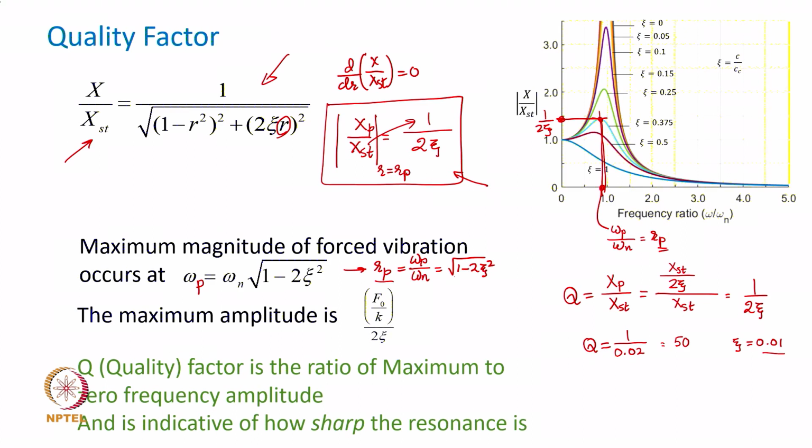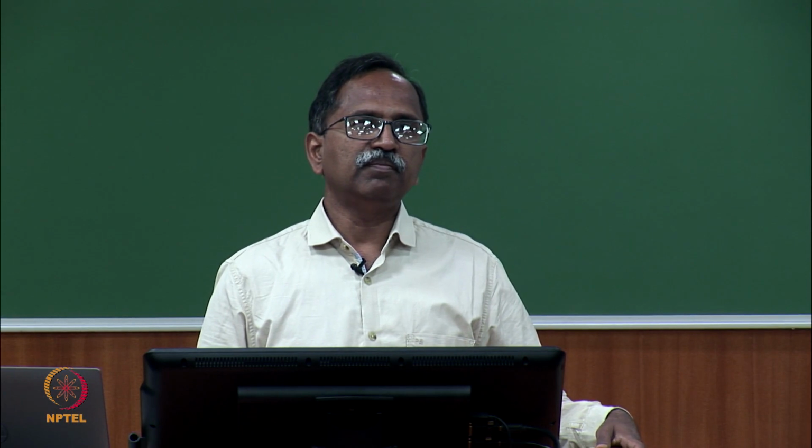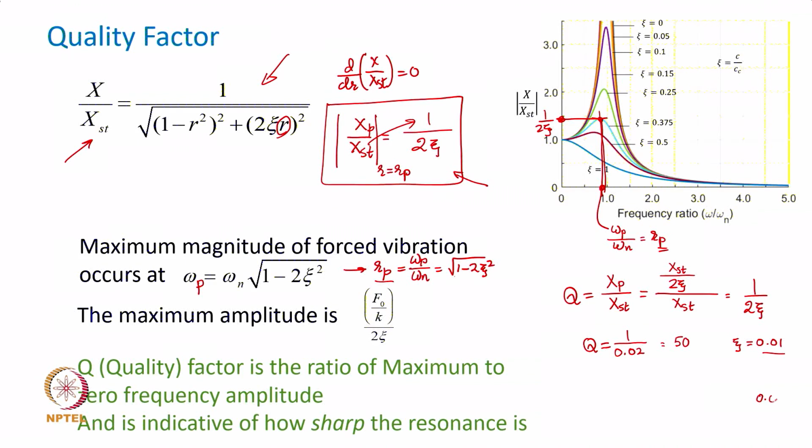You might be aware that the equivalent damping ratio, or damping factor, of structural steel is roughly of the order of 0.0045, whatever it is in the third decimal place.